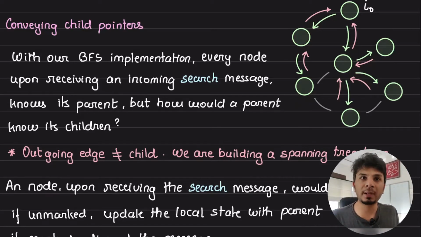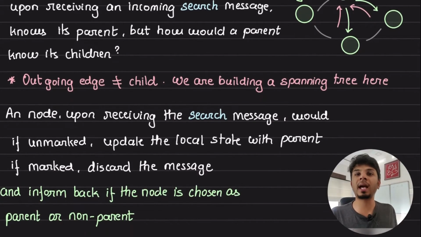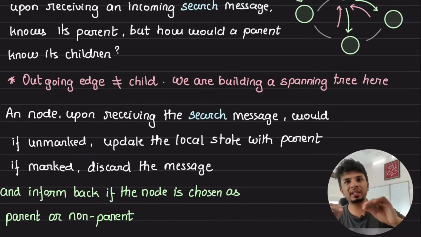So how do we accomplish it? As soon as a node receives the search message, if it is already marked, meaning it is already part of the spanning tree, it will discard the message. If it is not marked, which means it is receiving the message for the first time, it will update its local state with this as the parent.